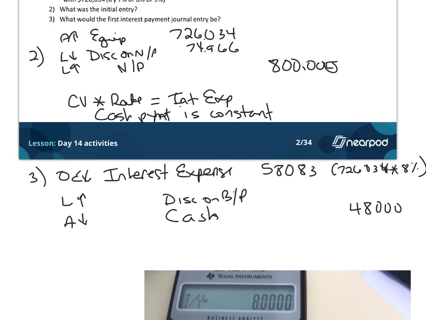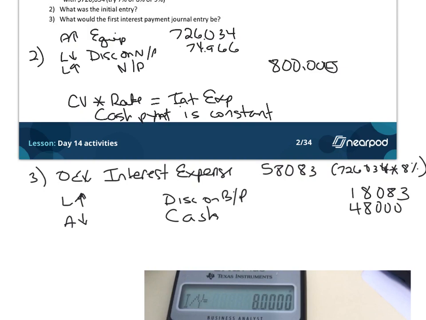As that discount account gets smaller, the carrying value of the liability gets bigger. Remember, so that at maturity it equals 800,000. But along the way, it's amortizing. Basically, the difference you can see between what we're recognizing as interest expense and what the cash is paid out is the amortization piece.